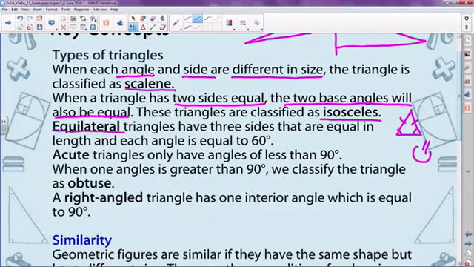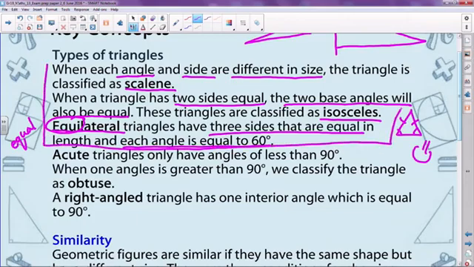Equilateral triangles. Now you see that equilateral looks kind of like the word equal. And of course, equilateral triangles have three sides that are equal in length, and each angle is equal to 60 degrees. Now, those are three different definitions by themselves, three different types.